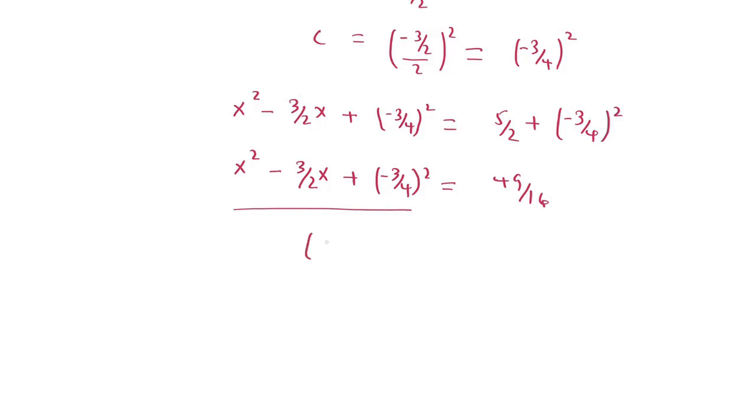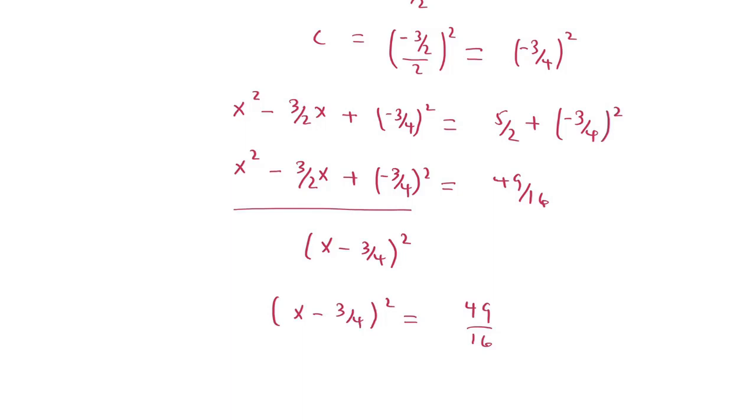In brackets, x minus 3 over 4 squared. Then for here we are going to take x and the value of root c. Then our equation is going to be, in brackets, x minus 3 over 4 squared equals 49 over 16.